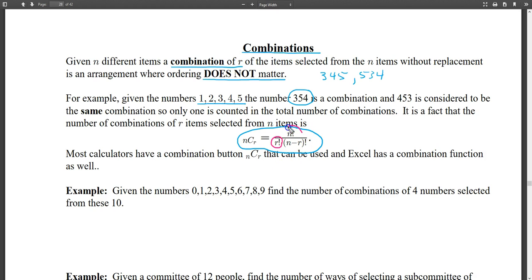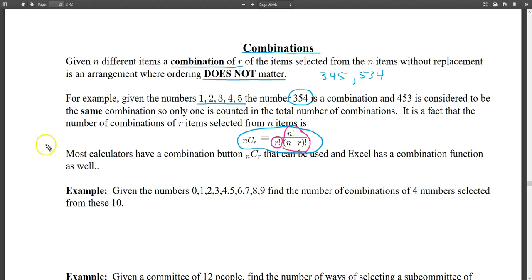Otherwise, this is the permutation formula right here. Now, once again, most calculators and Excel have a combination formula built into them, so we don't normally have to type this in. We can just use the built-in function, like we did with permutations.